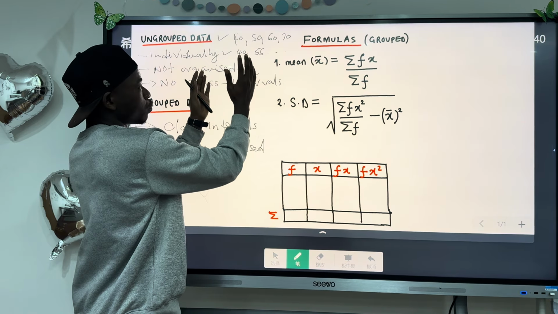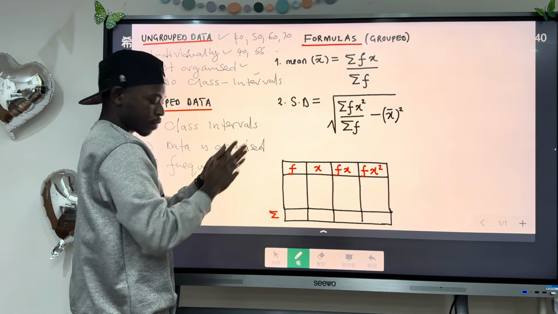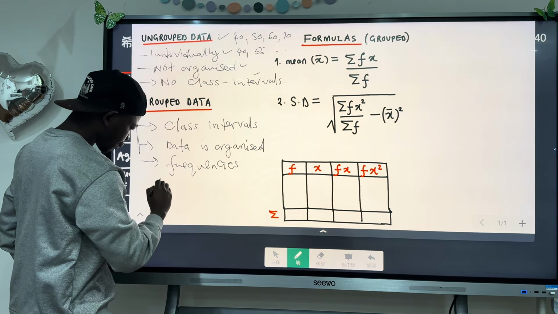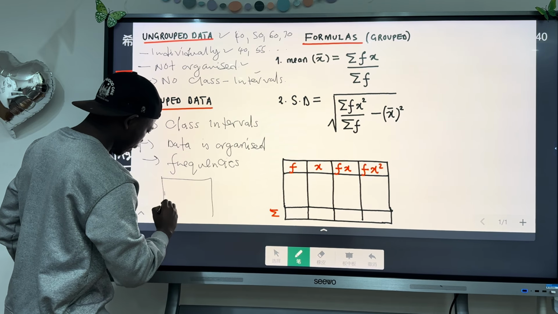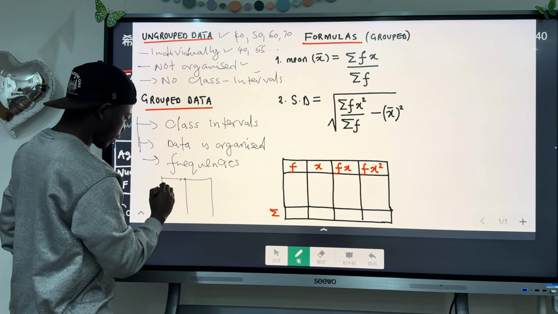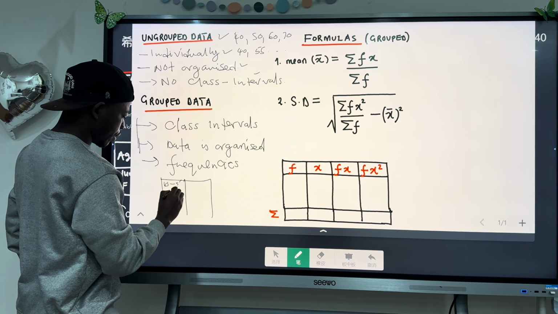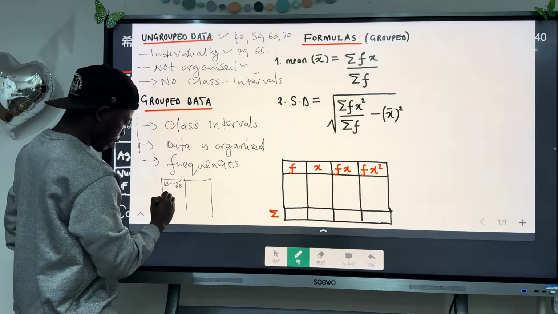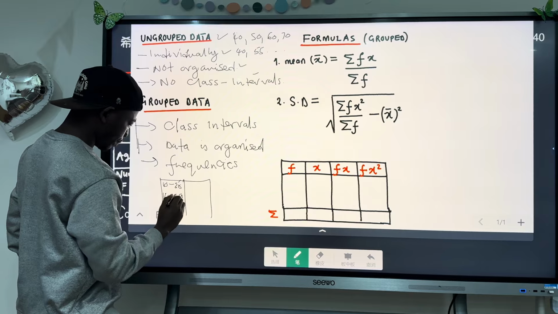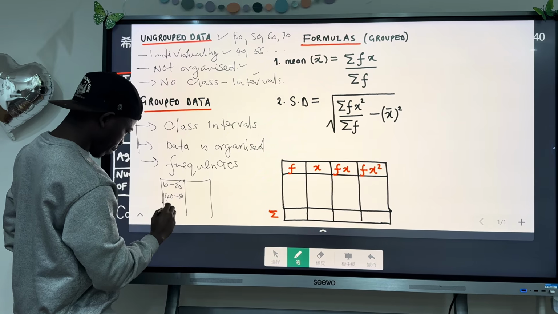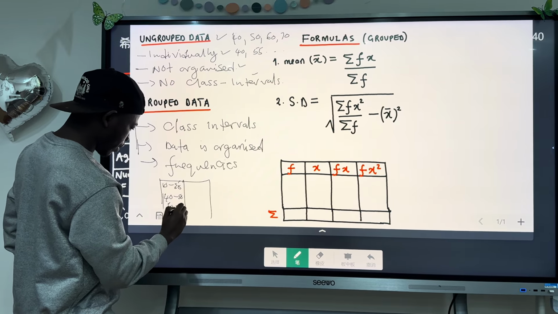However, if we try to create ranges, let's say we have a data set like this, 10 to 30, 40 to 50, 60 to 70.